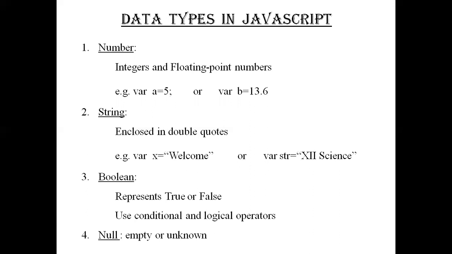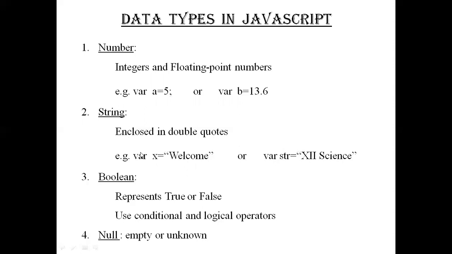For example, variable A is equal to 5 or B is equal to 13.6. This is an integer, this is a floating point number. Both you can consider for initialization. Second is the string type. This is any text enclosed in double quotes.